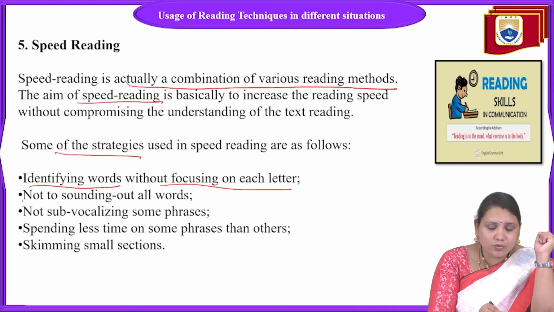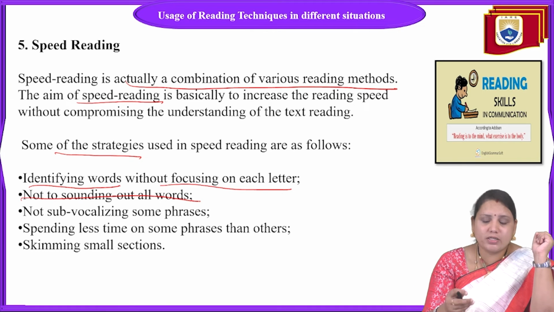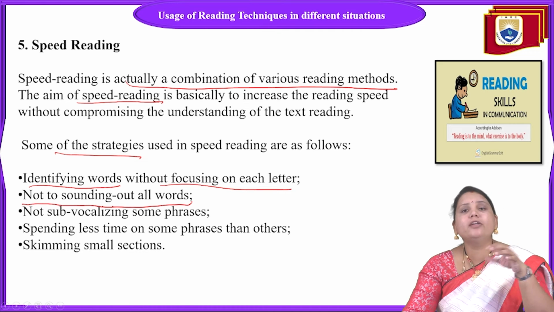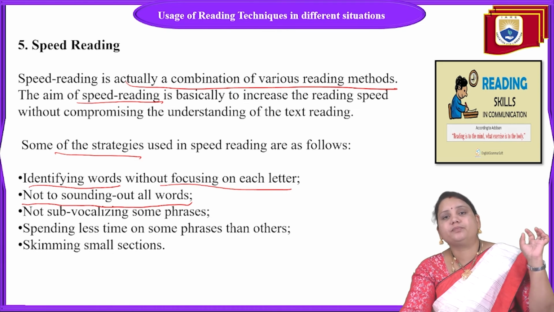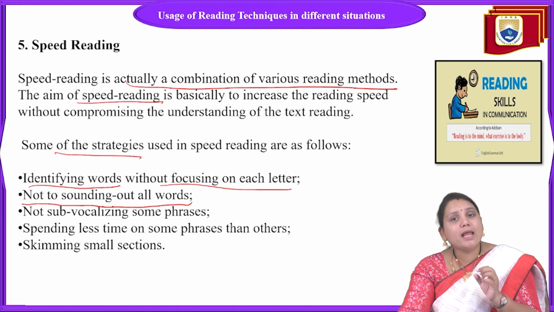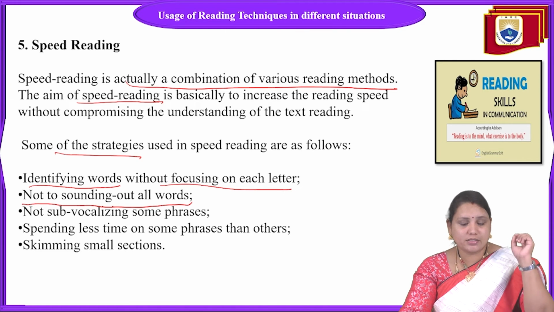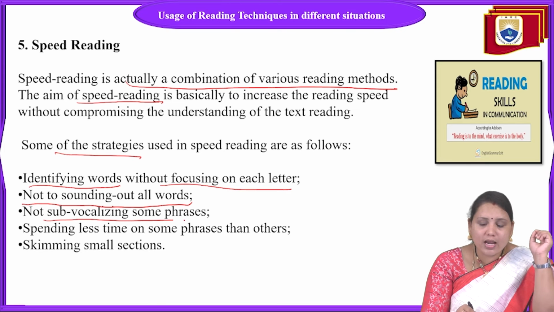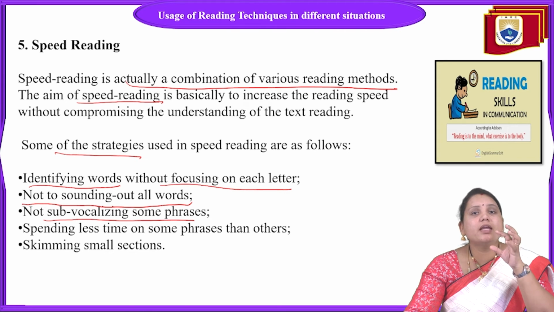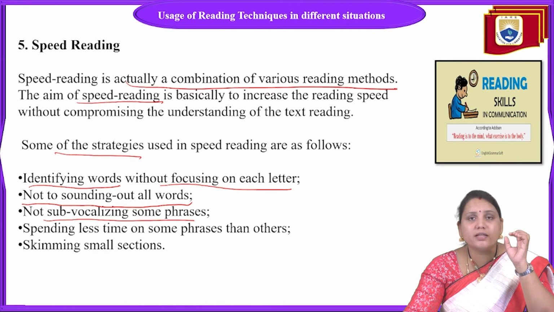Next, not sounding out all words. You are not going to read all the words. You will be focusing only on the main points in that sentences. Then, not sub-vocalizing some phrases. That is, you are not sticking yourself to some phrases, trying to understand the entire sentence but doing it quickly.